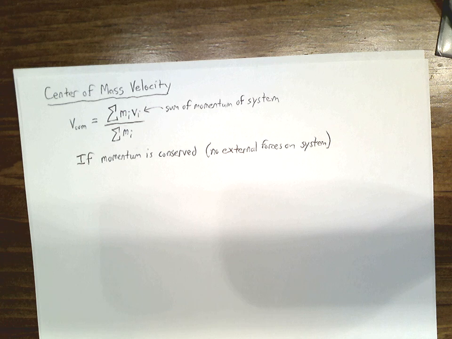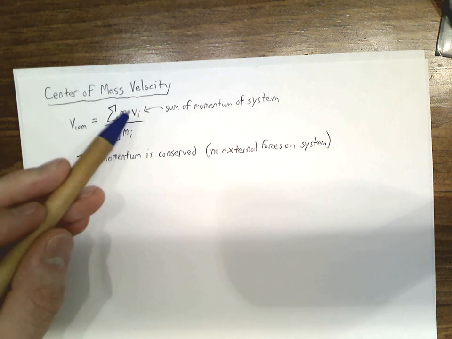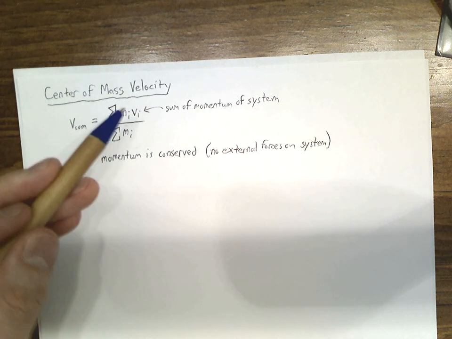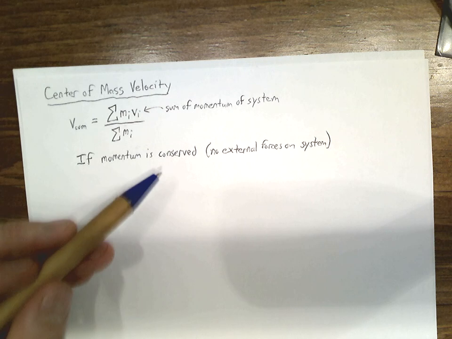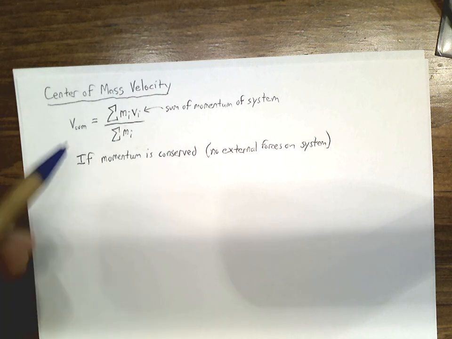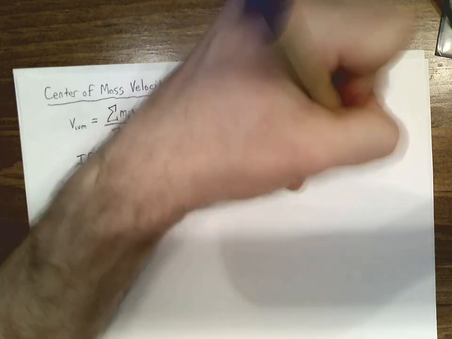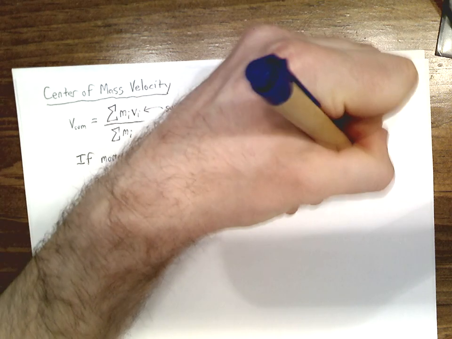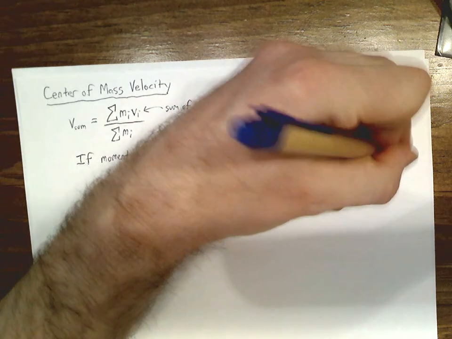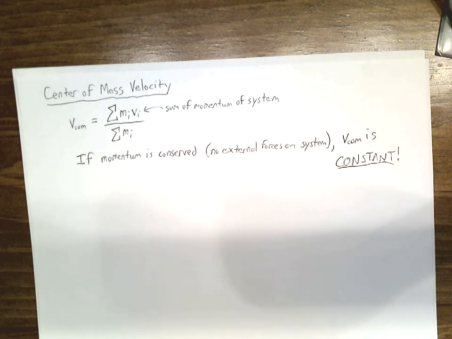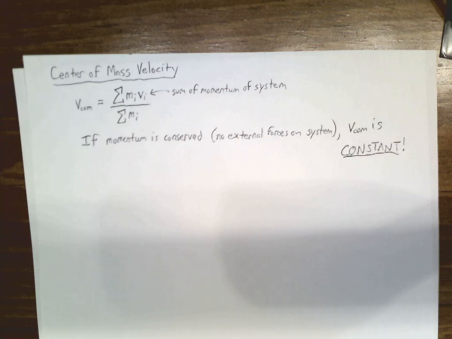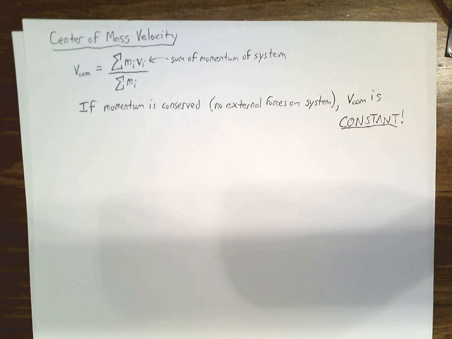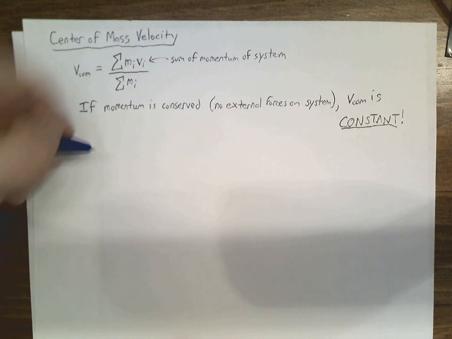So the total mass isn't changing, and the total momentum isn't changing. If we're in a collision or something, momentum would be conserved. That means the center of mass velocity is a constant. So no matter how the object is moving, no matter how it collides, if we know what the center of mass velocity is doing before the collision, we automatically know what's happening after the collision.